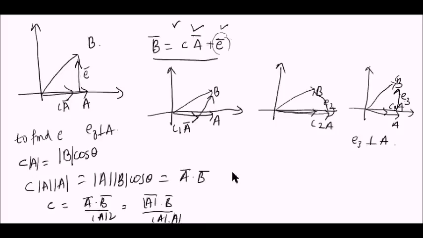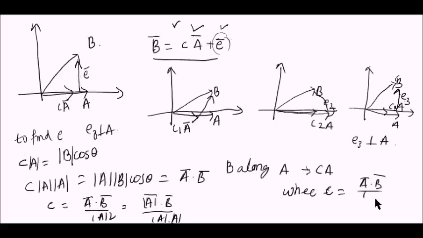So now the component of a vector B along A is denoted by C into A, where C equals A bar dot B bar by A bar dot A bar.